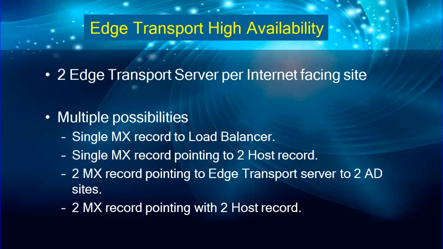So even if you go for Ironport or any other SMTP gateway, you would like to have high availability on that. There are four different ways I could figure out. We can still mix and match and make more, but these are the four possibilities of high availability in an Exchange 2013 edge transport server.